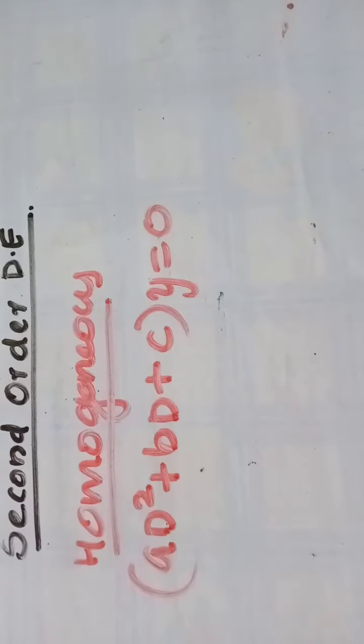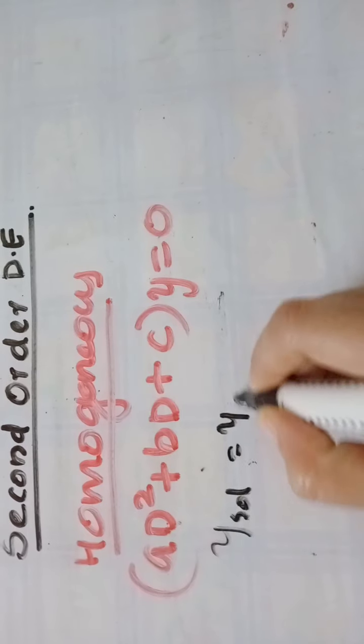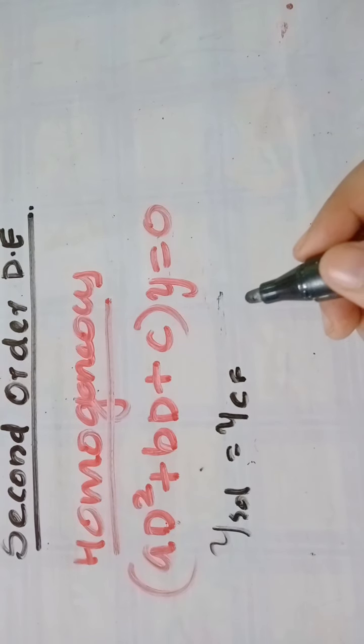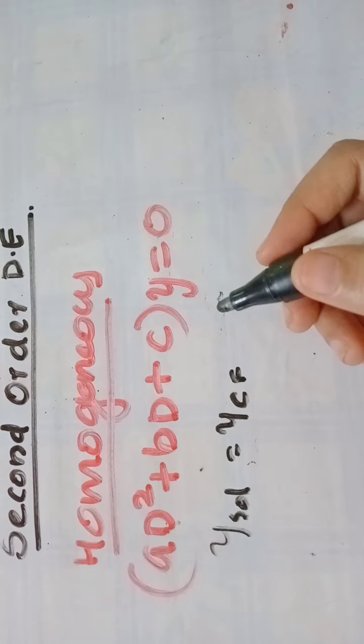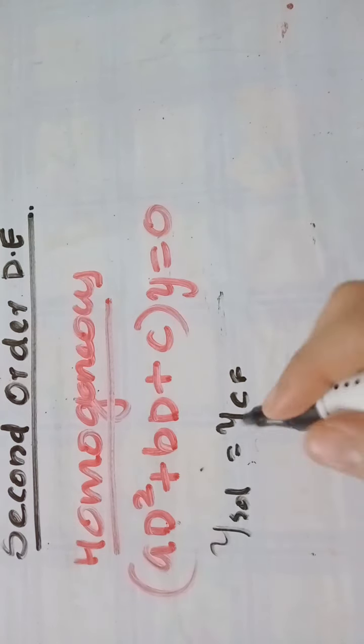This is a homogeneous equation where D is the differential d/dx. We know that for a homogeneous equation the solution is the y complementary function. And how do we find this solution?